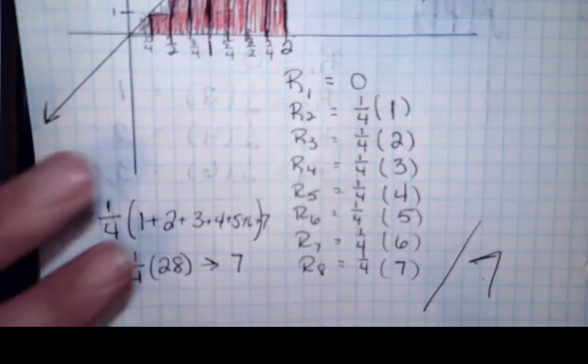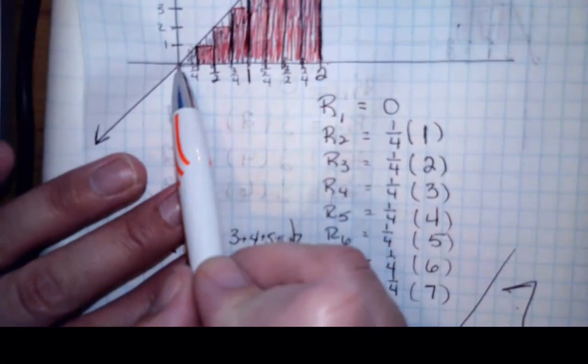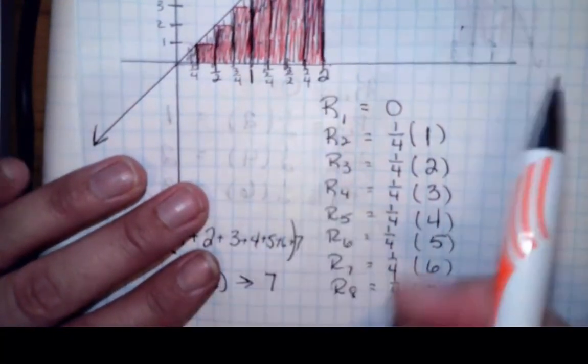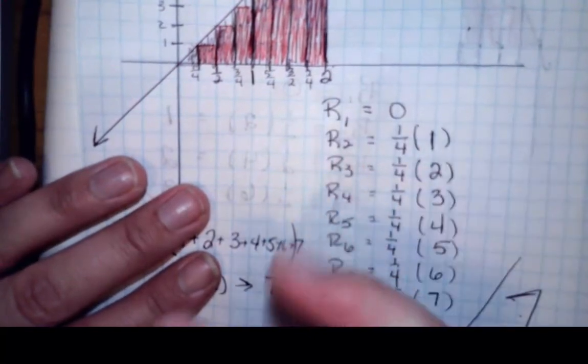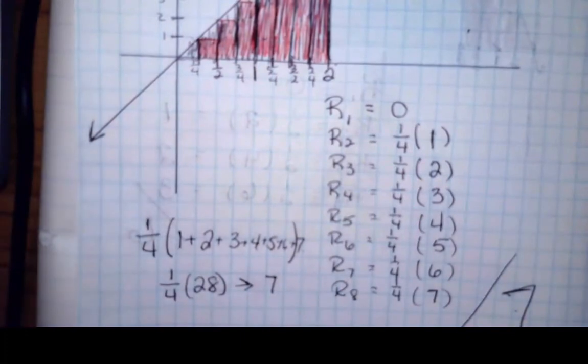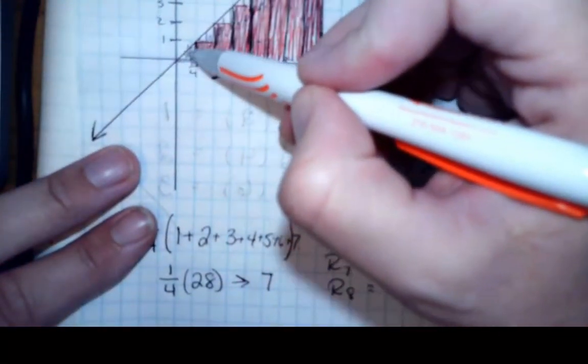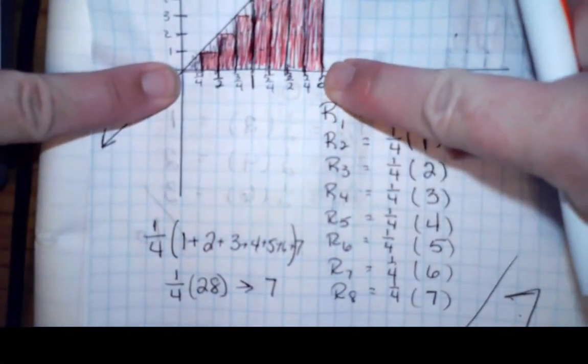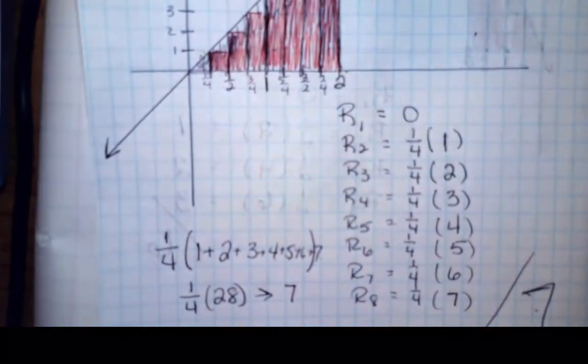Now, here's the fun part. How many rectangles can I fit between 0 and 2? Can I fit 100? Yes, I can. Can I fit 1,000? Yes, I can. Can I fit 1,000,000? Yes, I can. Now, think for a second. I am fitting all of these rectangles in between these 2 spots. So the more rectangles I fit, what's the width of each rectangle?